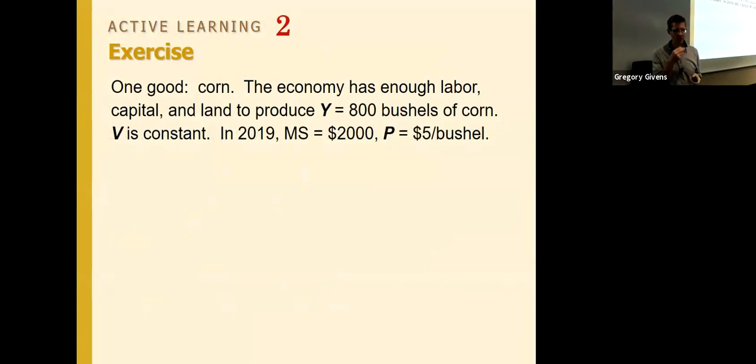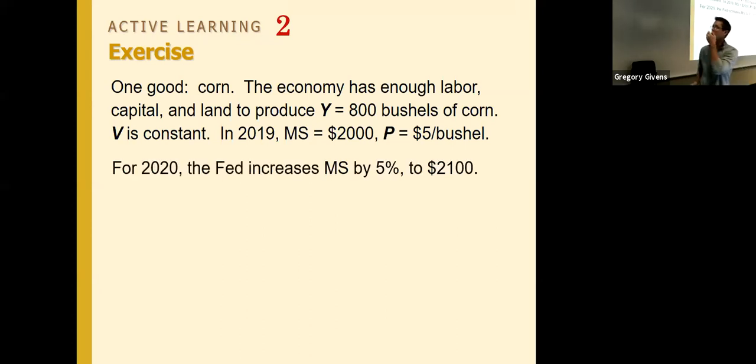Okay, let's work through a second example here to finish class today that picks up from the first example. And I want you guys to work on this one. So again, we're going to look at a one good economy where we produce corn and we have enough land, labor, and capital to produce 800 bushels, and velocity is constant. Now, if you recall from the previous problem, the money supply in 2019 was 2,000 and the price of corn was $5 a bushel.